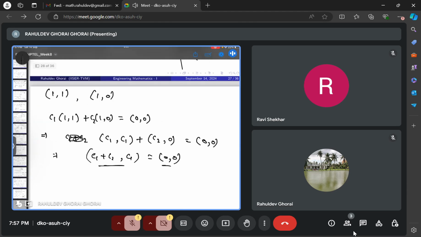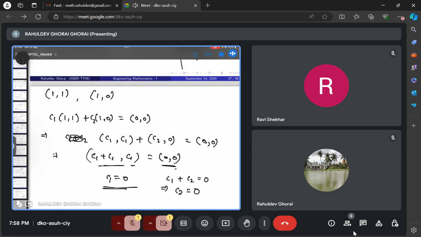When two vectors are equal, they must be equal component-wise. So C1 equals 0 and C1 plus C2 equals 0, which implies C2 is equal to 0 because C1 is 0.